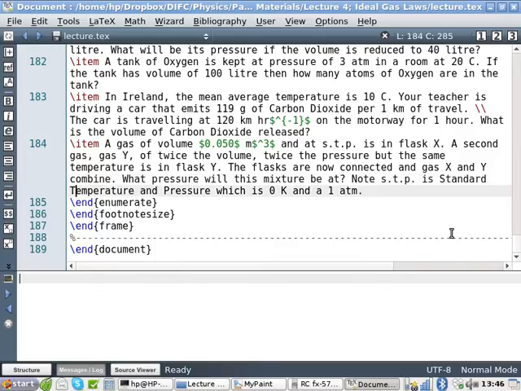Note standard temperature and pressure is 0 Celsius and 1 atmosphere.